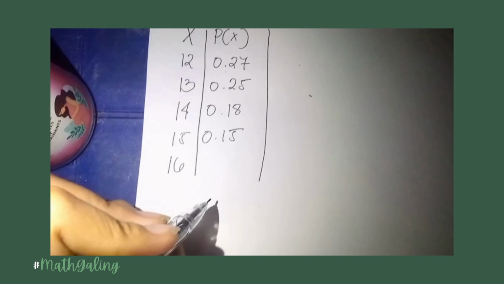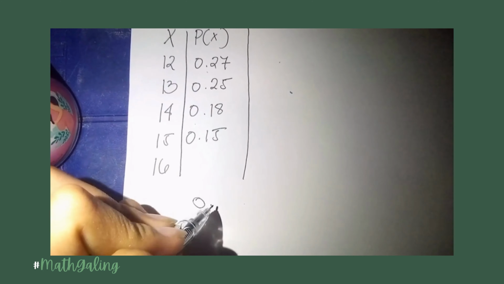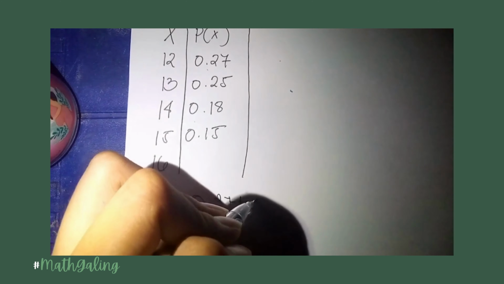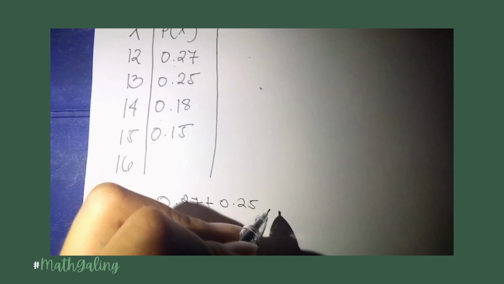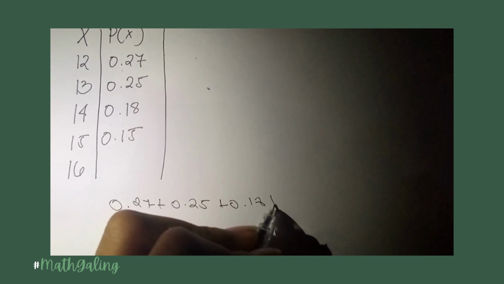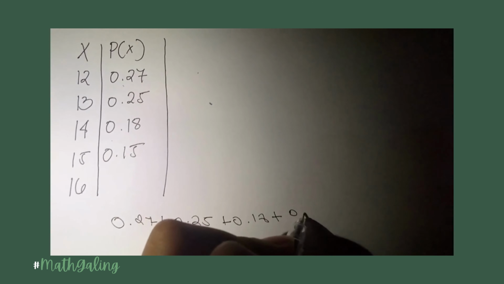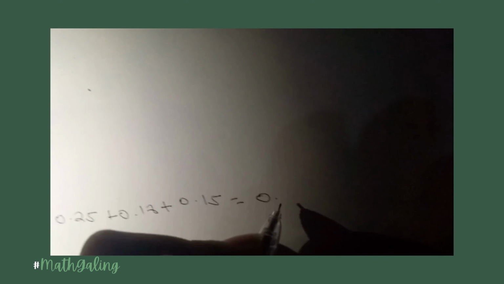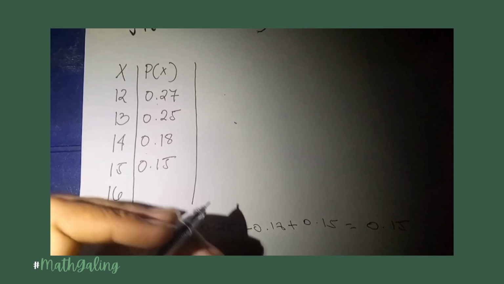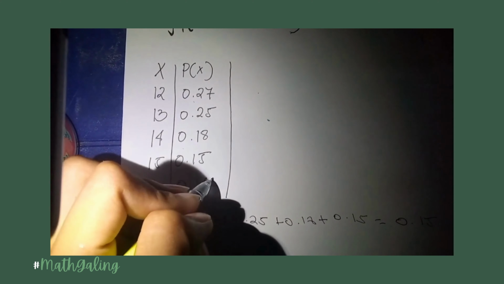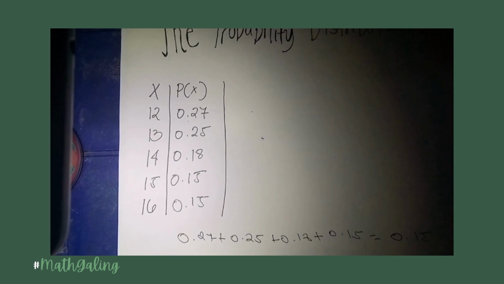Let us have 0.27 plus 0.25 plus 0.18 plus 0.15 is equal to 0.85, and 1 minus 0.85 is equal to 0.15. Thus, we now found the missing probability in our distribution table.